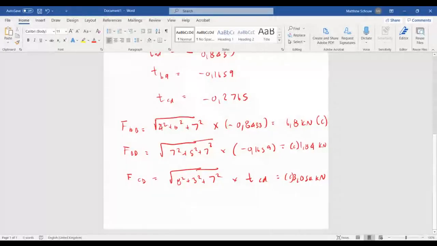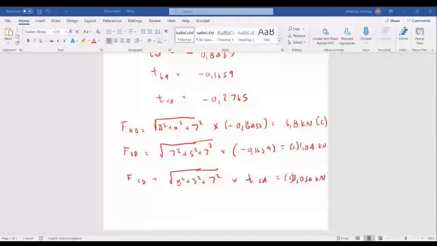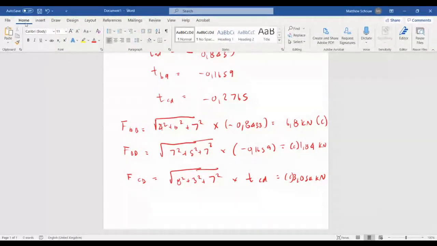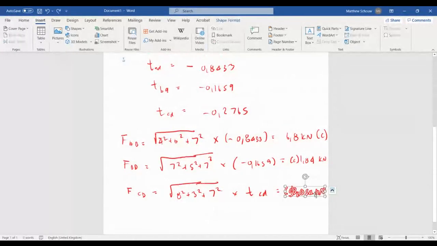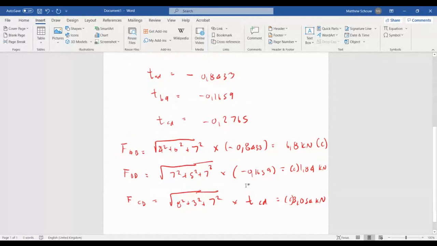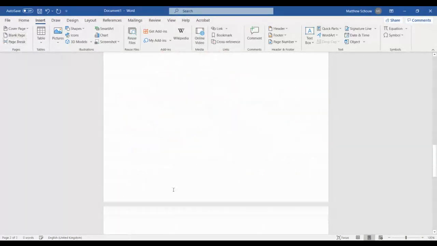Can you see that? Great. Insert blank page. Okay, cool.